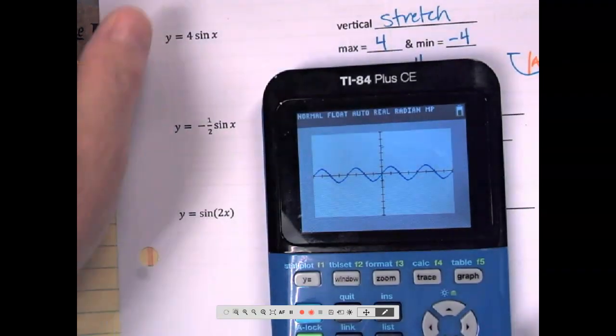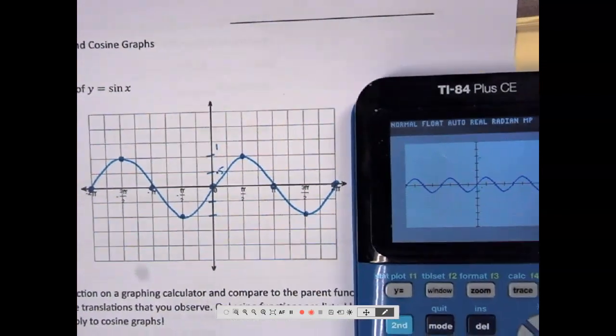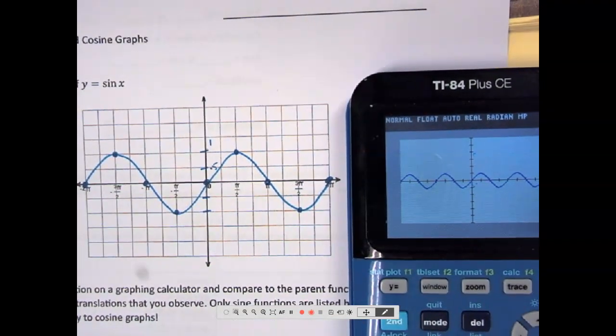Okay, how would you describe, remember this is our original graph on the paper. What happened? There's more waves. How many more waves? Twice as many, double the amount. Do you see where the double would come from? The 2x, yeah.